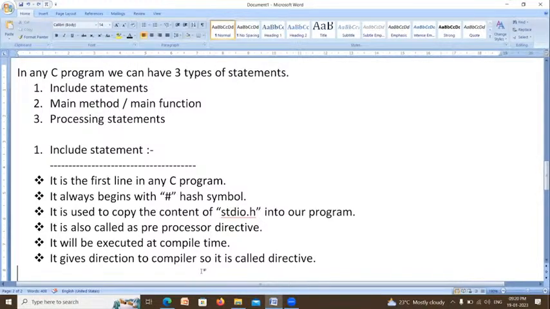It always begins with a hash symbol. It is used to copy the code of stdio.h into your program. It is also called preprocessor directive. It executes at the time of compilation. It gives direction to the compiler.